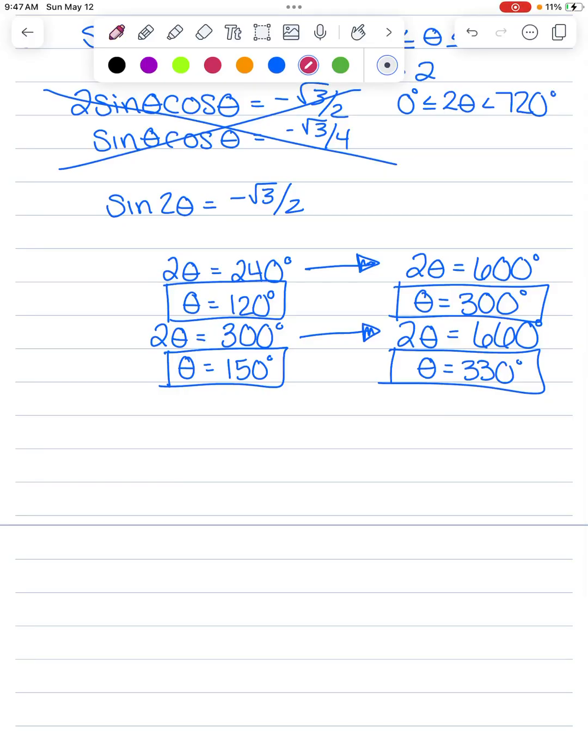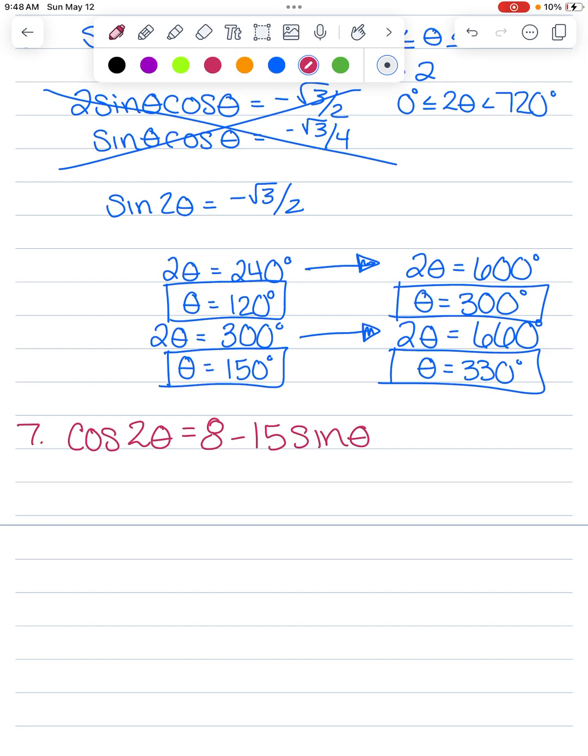Okay, question 7. Cosine 2 theta equals 8 minus 15 sine of theta. Okay, so I see my angles that are not just theta, but I've got more than one angle here, so I have to do an identity now.